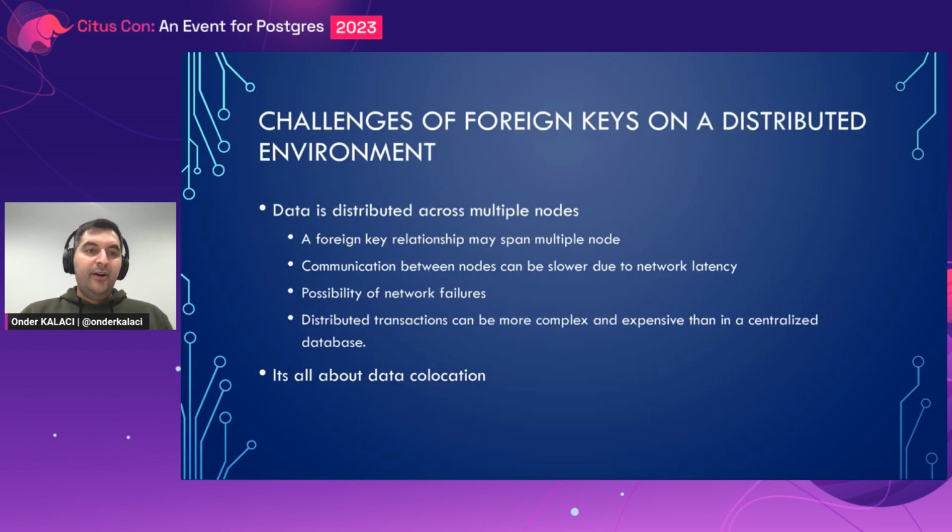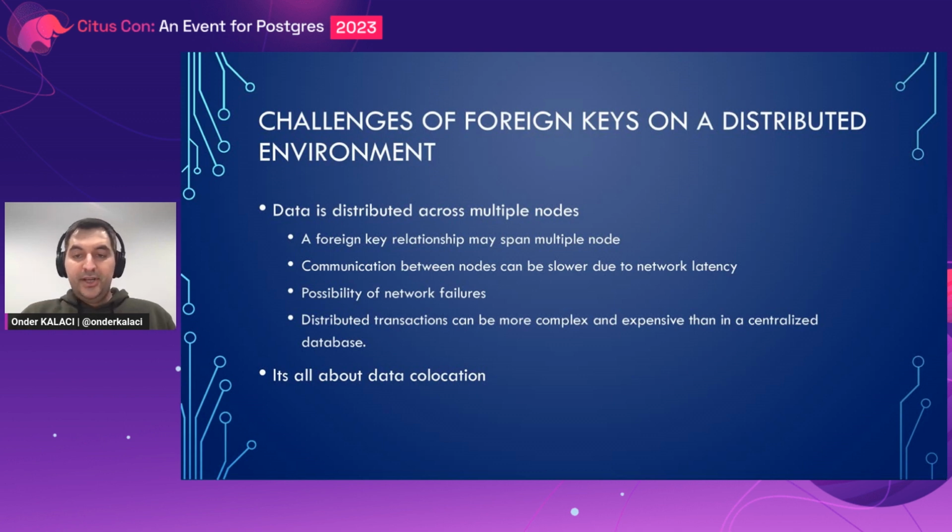Okay, now I'm switching to talk a little bit about the challenges of foreign keys in a distributed environment, like the distributed database Citus. So the main difference is that the data is distributed across multiple nodes, multiple machines. And in that case, a foreign key relationship may span multiple nodes, and then communication between nodes can be slower due to network latency.